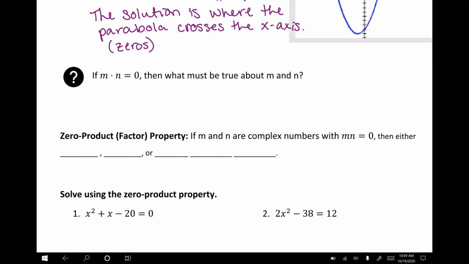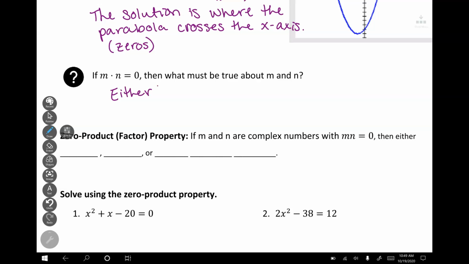Okay, so if m times n equals 0, then m or n, or both, must equal 0. So you could say either m equals 0, n equals 0, or both equal 0.